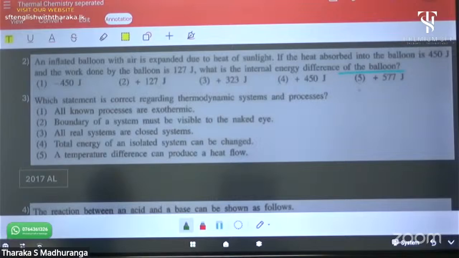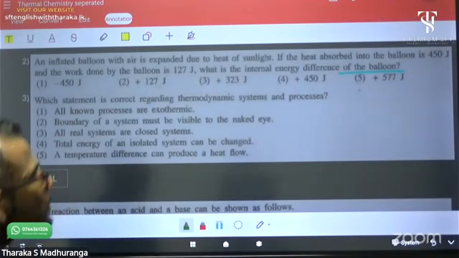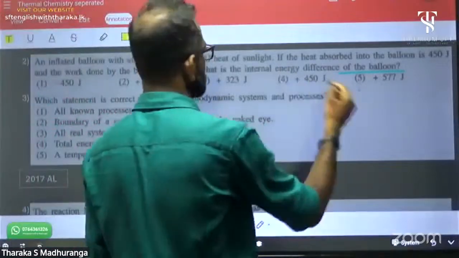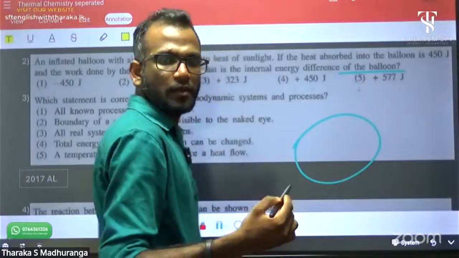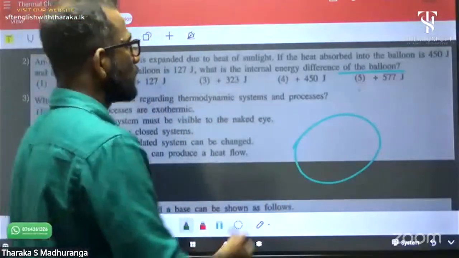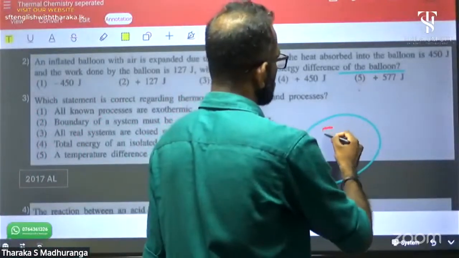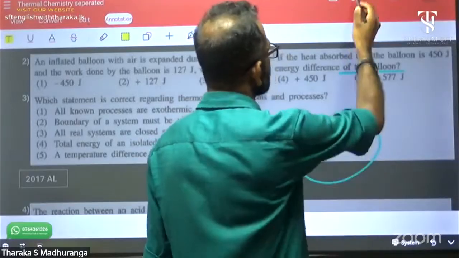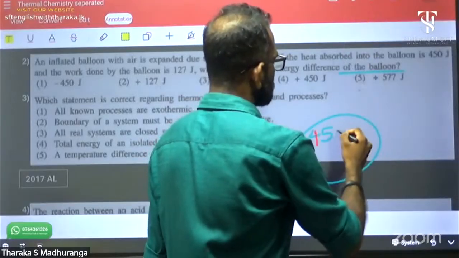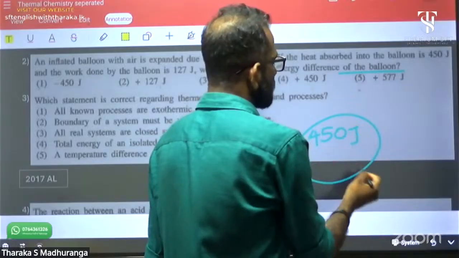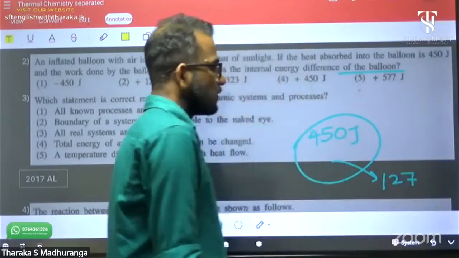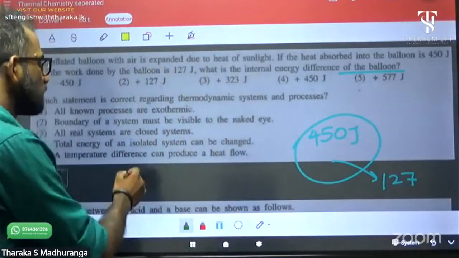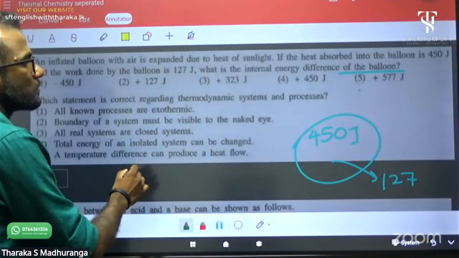Yeah. It's simple, right? This is a balloon. Balloon contains 450 joule absorbing, and the work done by the balloon is 127.